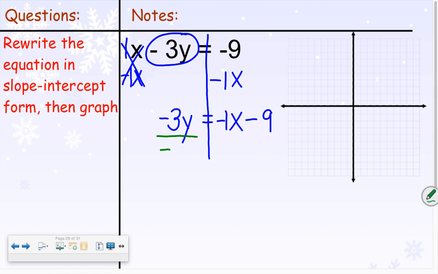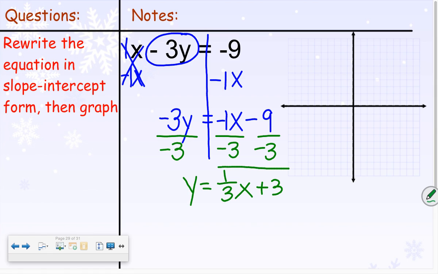Divide every single number by negative 3. And we have y equals negative 1 over negative 3 makes a positive 1/3. Negative 9 over negative 3 would make a positive 3. So a negative divided by a negative makes a positive. Put my first point on 3 on the y-axis. Rise 1, run 3. Rise 1, run 3.